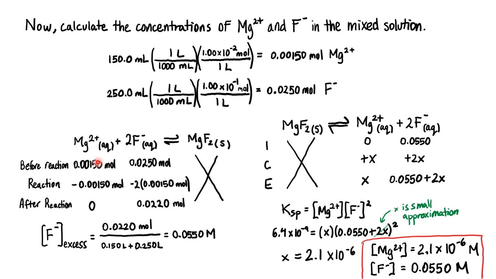And why is this going to get consumed? Because check this out, you have more F- than you do magnesium. So what's going to happen is when you have the reaction where these ions become a solid, I mean, it is a reaction. You're turning ions into a solid. That's a reaction.